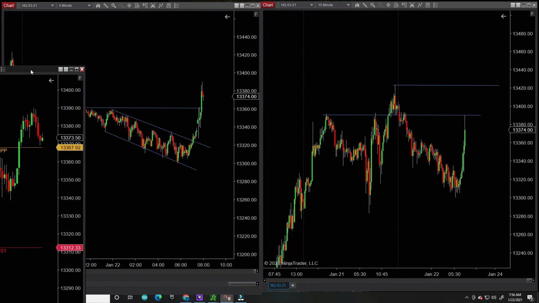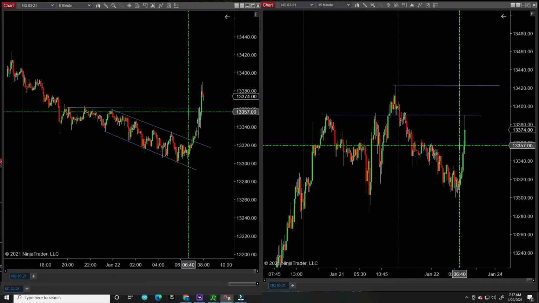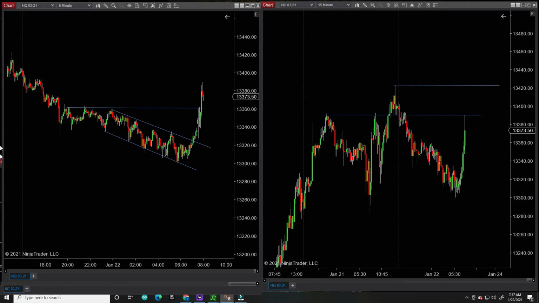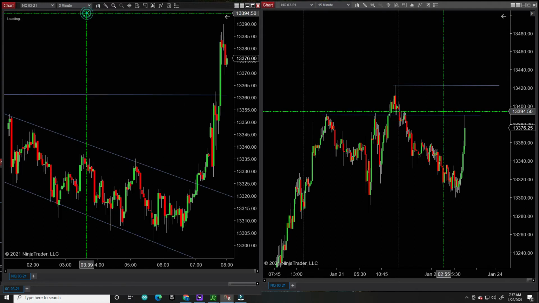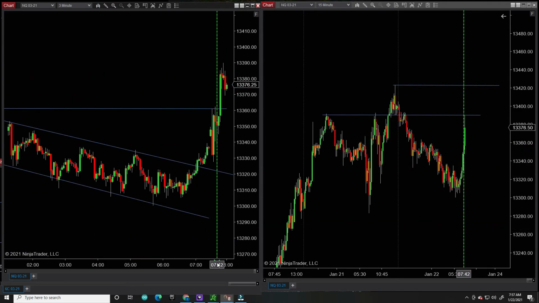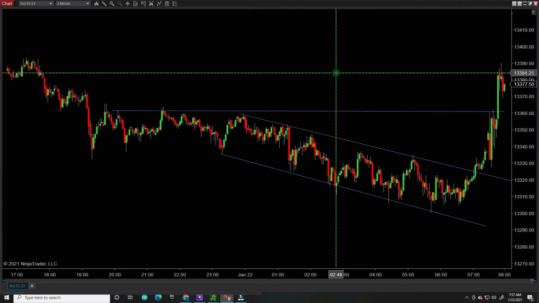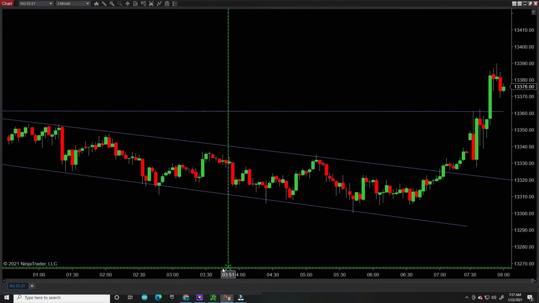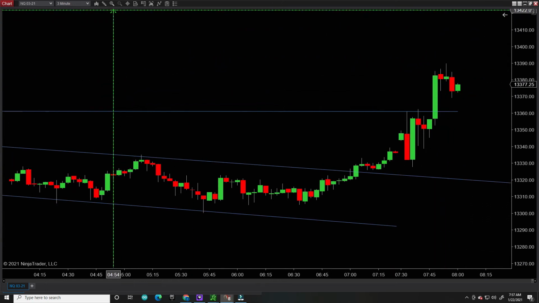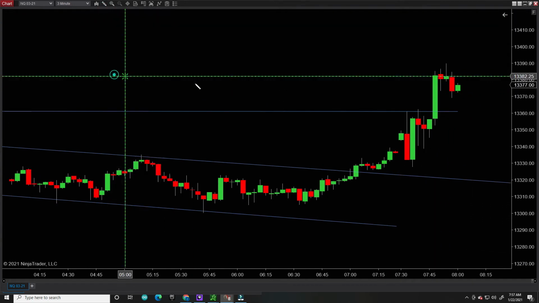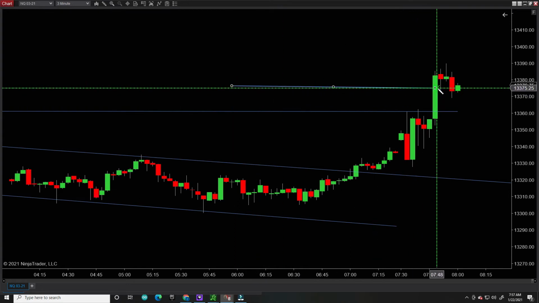See if it fails. I'm going to make this a 3 minute chart, which gets me a little more zoomed in. So I don't need to look at the big chart anymore. Here's where we're at. We're not getting follow through. We got buying coming in on both of these bars here. See these candles on this bar and this bar?